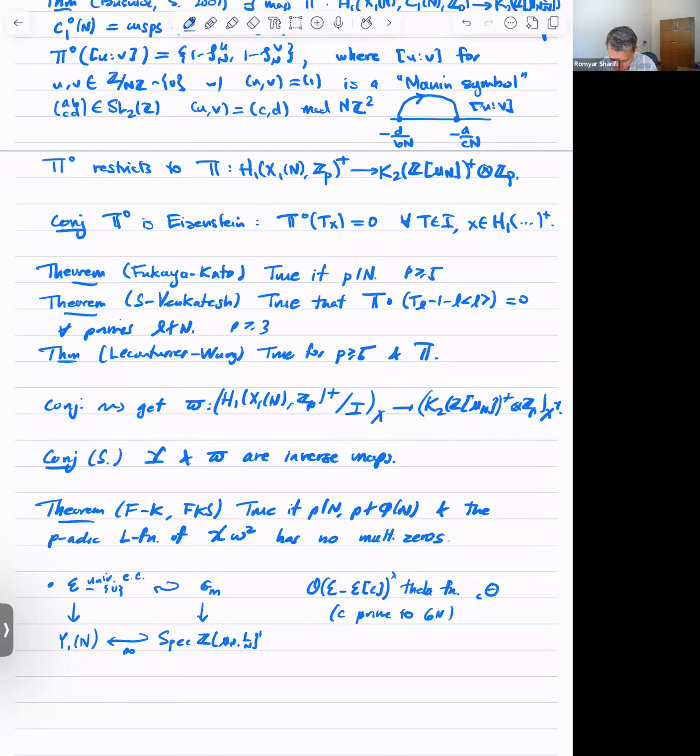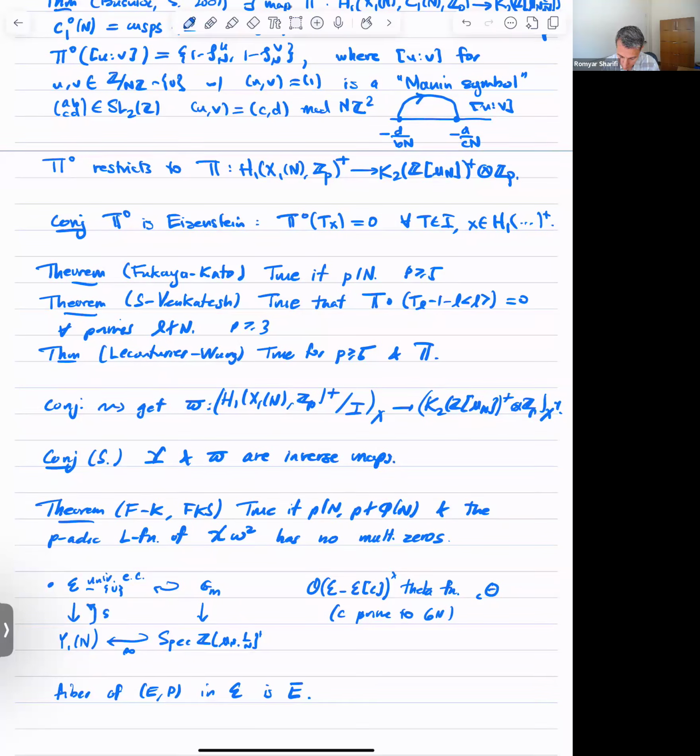And this has a unique section. So what is the fiber over a point in the universal elliptic curve? The fiber over a point P in E is E, and there's a canonical section here.